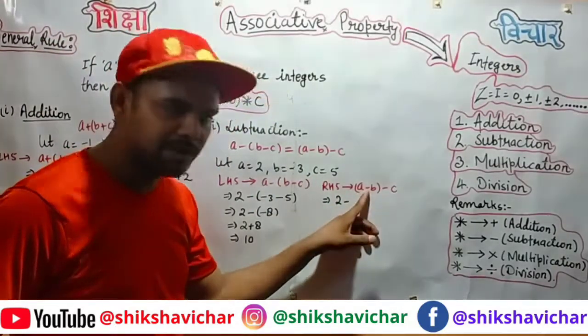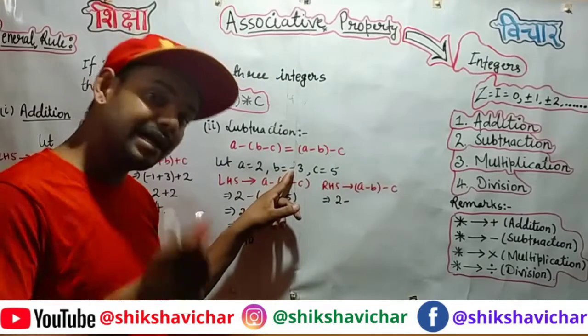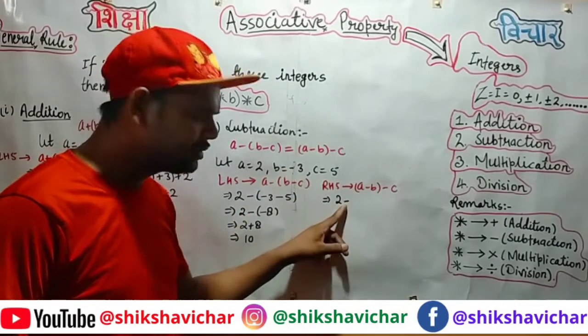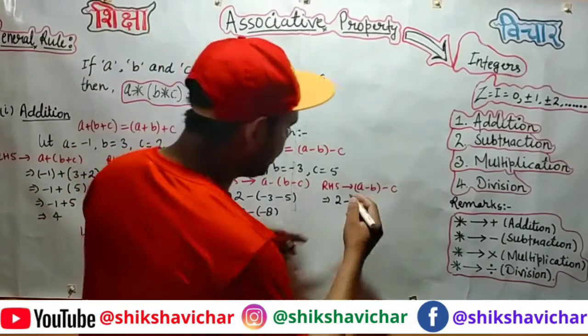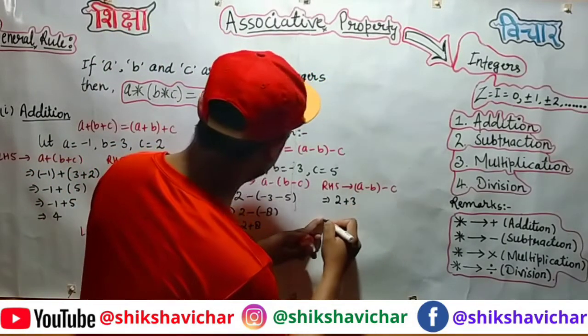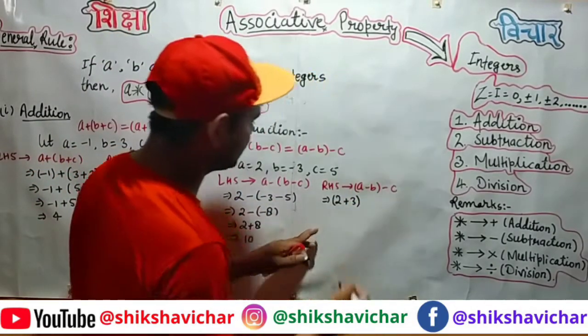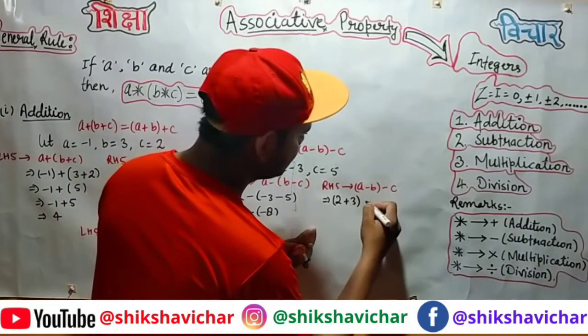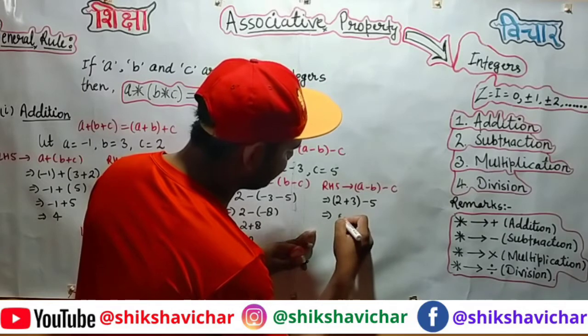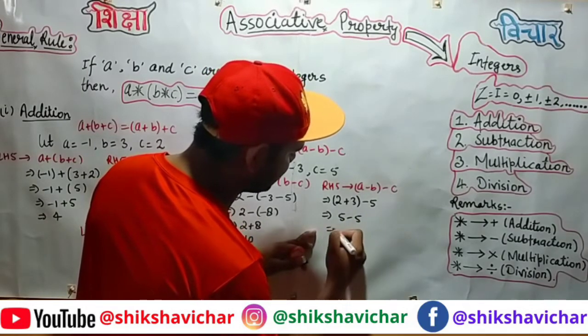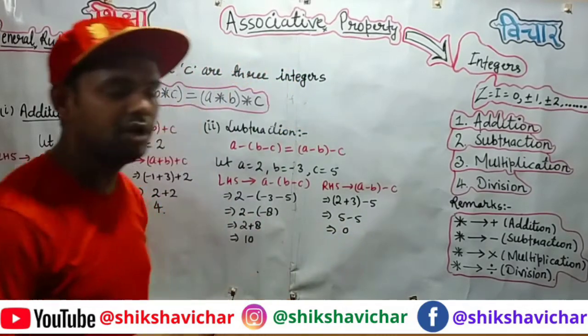First is this minus, and second one is this negative. This minus and this minus will become positive. So here the sign would be +3, okay, and then minus c. What is the value of c? That is -5. Then we will solve it: 2 plus 3, that is 5, 5 minus 5, that will give us 0.